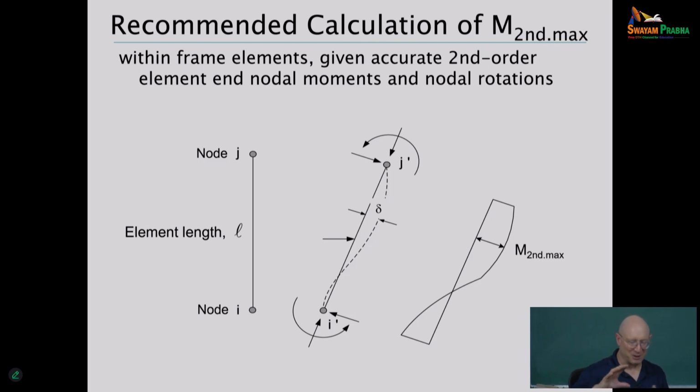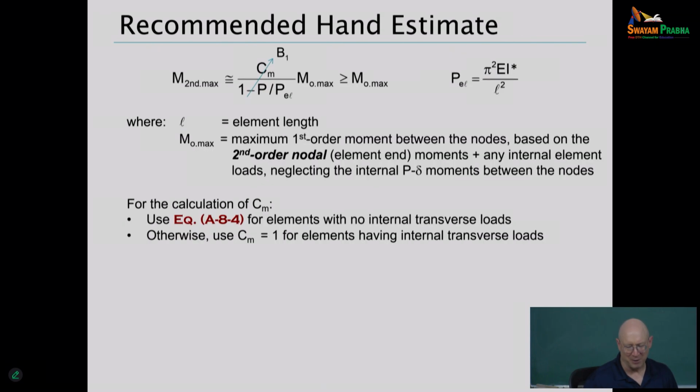So we're just looking at what's going on with that member, and it's a non-sway problem. My member is this element of length L. It's connected to other stuff, and this is used a lot to basically make sure we cover the bases in American practice.